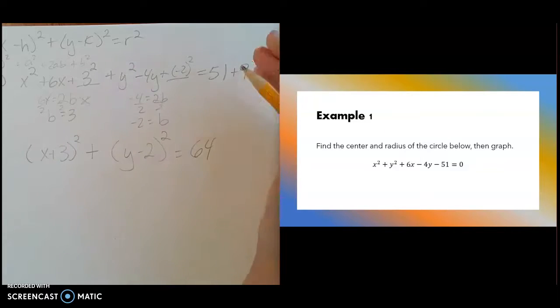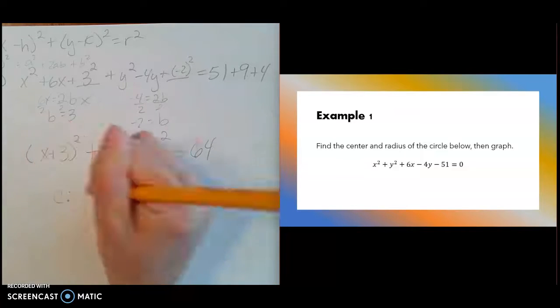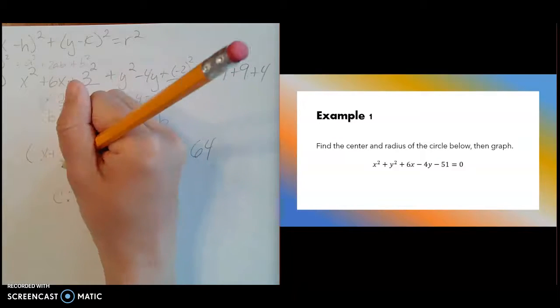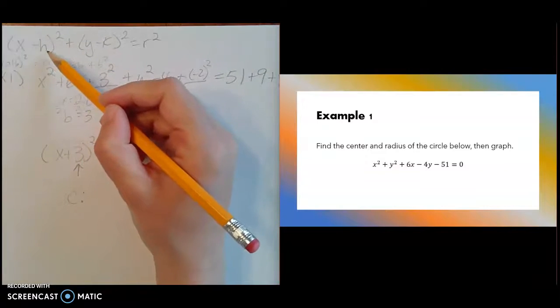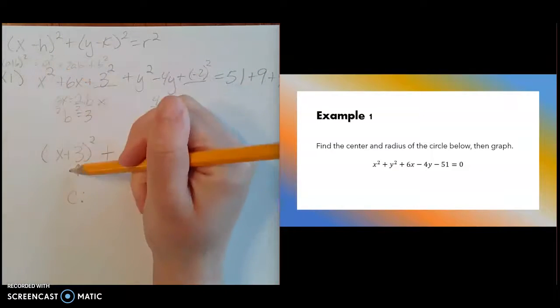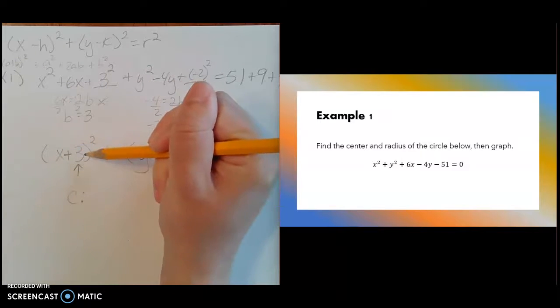So all of that work, and now I finally have it in center radius form. And so then I can find my center and I can find my radius nice and easy. So let's see, the x coordinate. Notice that it's x minus h, not x plus h. So where it has an x plus 3 here, that's really x minus a negative 3.